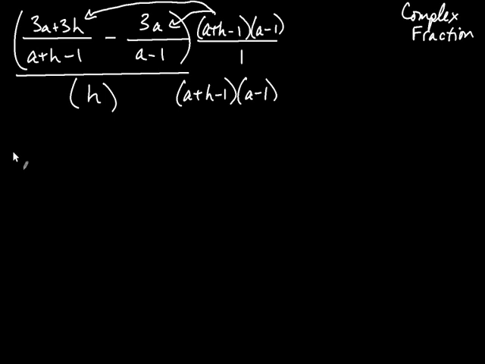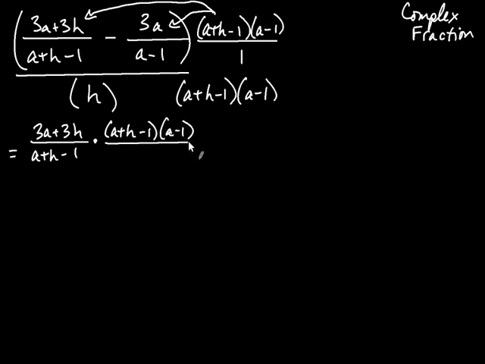So this ends up being that numerator, 3a plus 3h divided by a plus h minus 1. That whole thing is going to get multiplied by a plus h minus 1 times a minus 1, all divided by 1. Okay, that's the first part of the distribution.